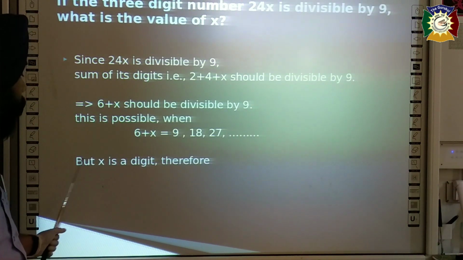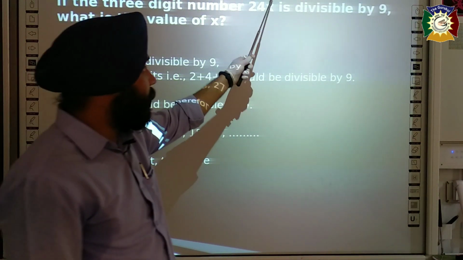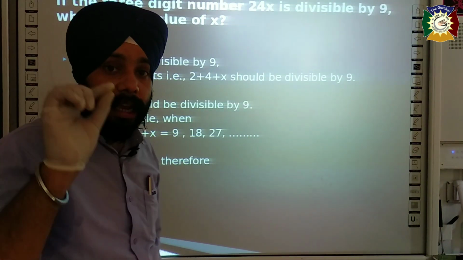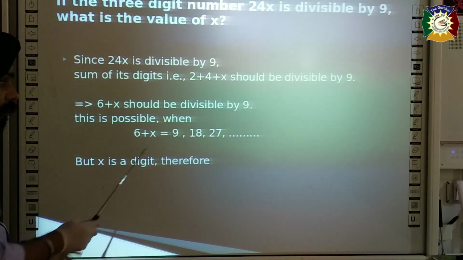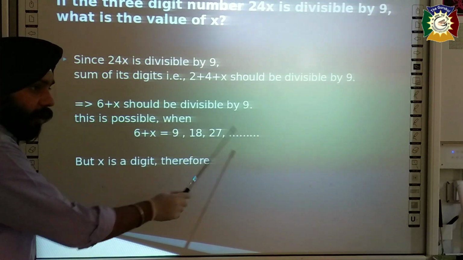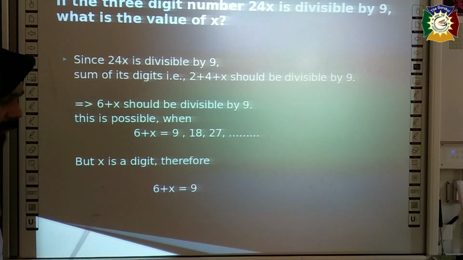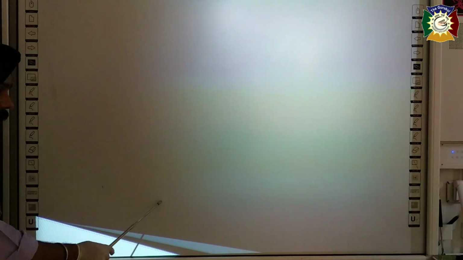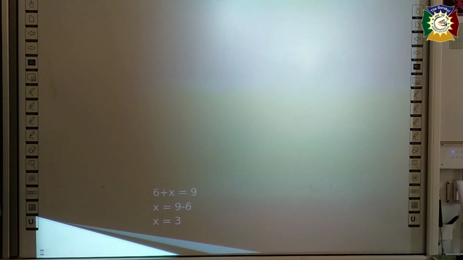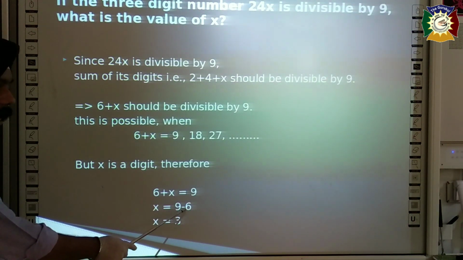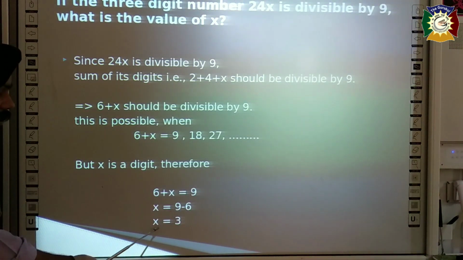But x is a digit, only a one-digit value, so we can't take a two-digit value. Therefore 6 plus x is equal to 9, so x is 9 minus 6, equal to 3.